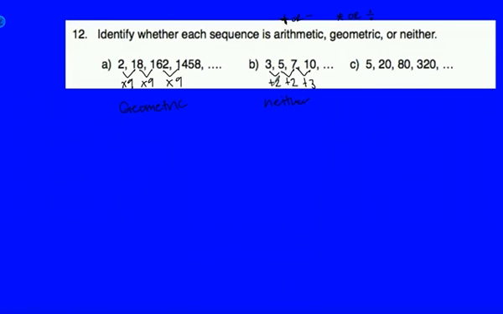Because you have to add or subtract or multiply or divide by the same exact number every single time. So because there was not the same distance between 7 and 10 that there was between 3 and 5 and 7, this is neither an arithmetic nor a geometric sequence.